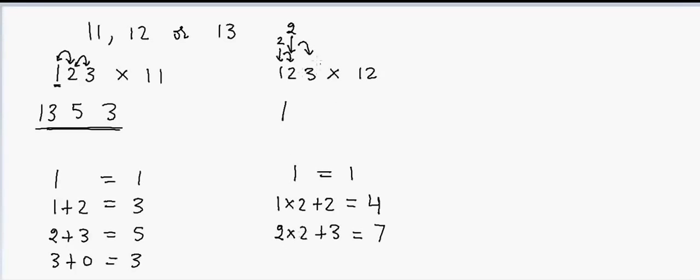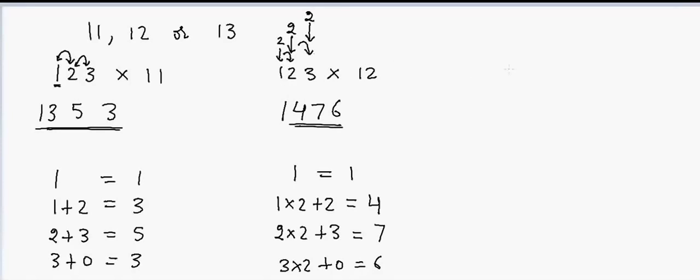And then for the last digit I'll multiply the last digit by 2. So 3 into 2 plus 0, that will be equal to 6. So the answer will be equal to 1476. So basically I am multiplying a digit by 2 and then I'm adding the next digit into it.